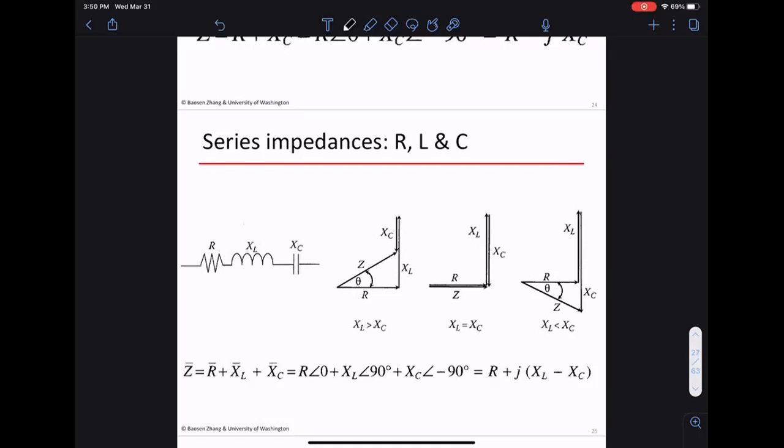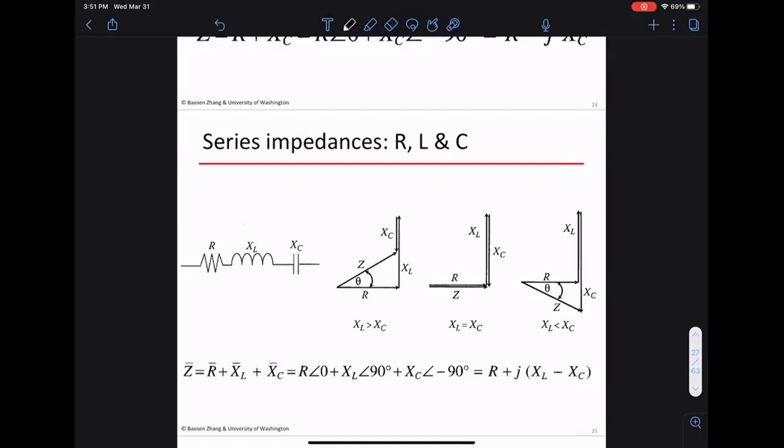If you're using a calculator, make sure your calculator can do complex algebra. Make sure you get the angle in the correct units. In this class, sometimes we'll talk about angle in degrees, sometimes in radians. Make sure when you do the calculation, you do it in the correct units.